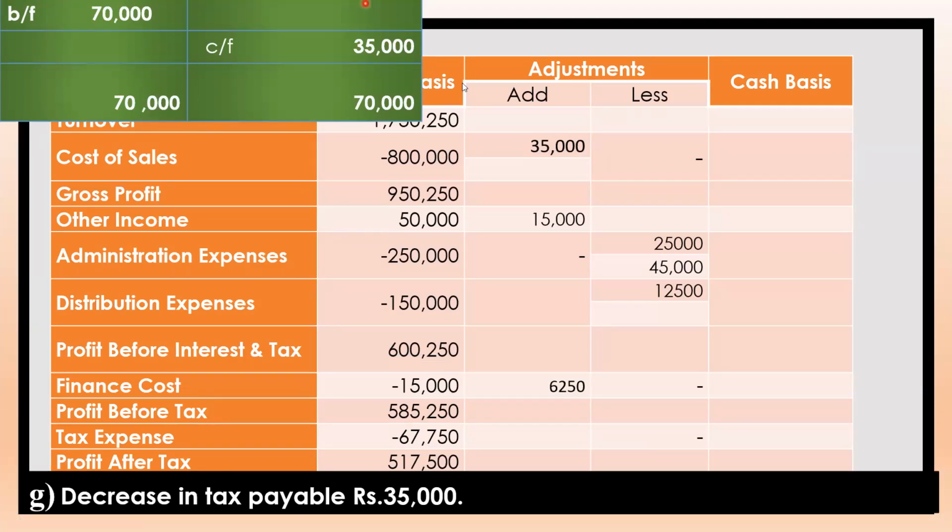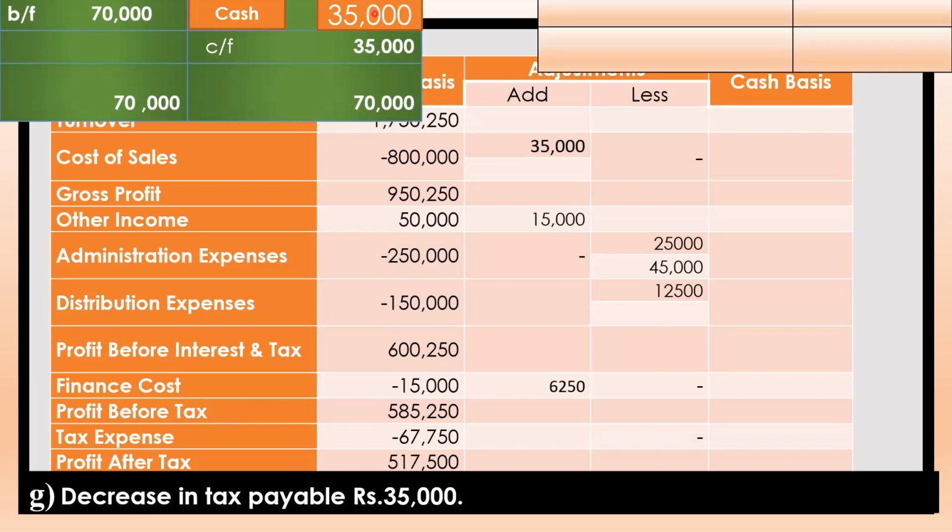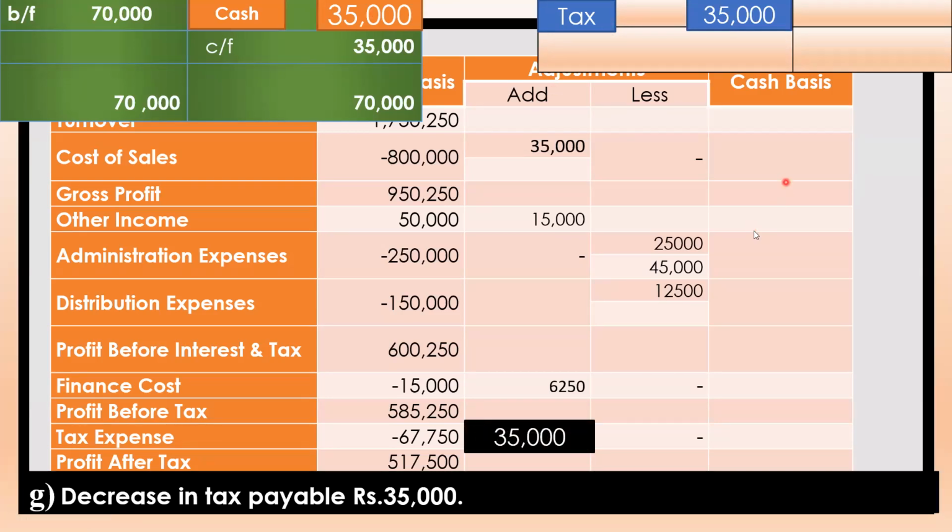When you go through the tax account, you can see there is a 35,000 deduction in the tax. This is mainly due to cash. So let's create the cash account. In the cash account, we are going to add the tax as 35,000. So let's see the impact. So we are going to add.